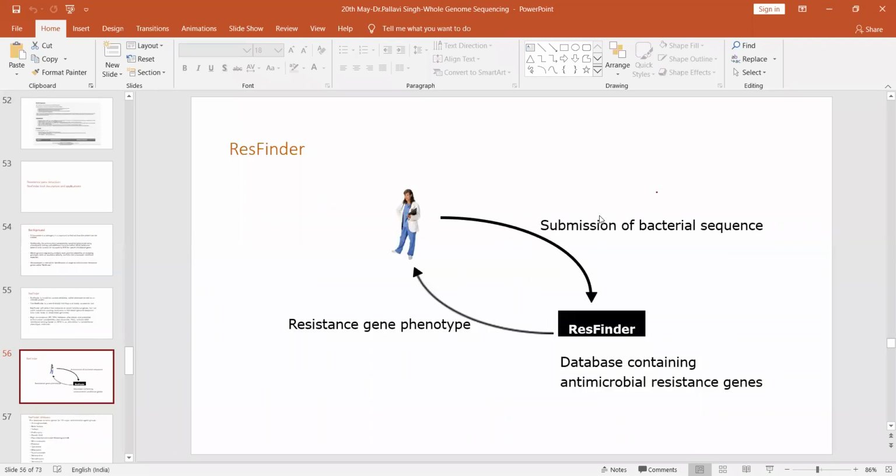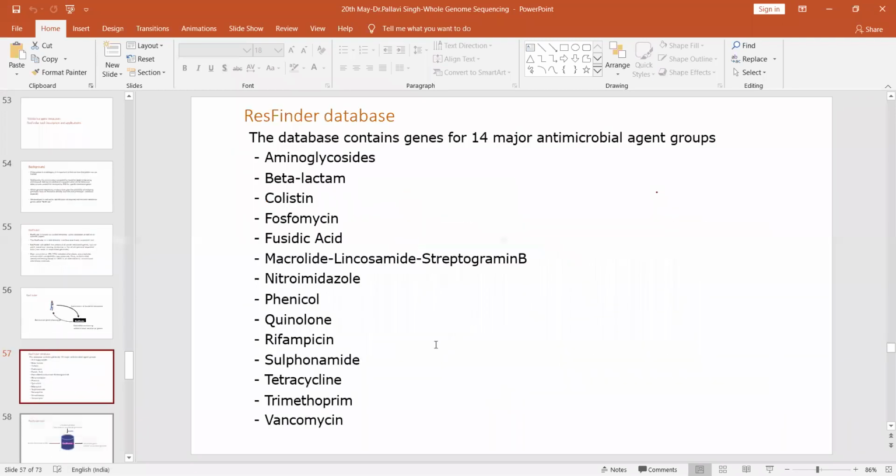So we have a bacterial sequence, we will submit it to ResFinder and it will give us the resistance gene phenotype. The ResFinder database contains known genes for these 14 major antimicrobial agent groups: aminoglycoside, beta-lactam, colistin, fosfomycin, fusidic acid, macrolide, nitroimidazole, phenicol, quinolone, rifampicin, sulfonamide, tetracycline, trimethoprim, and vancomycin.